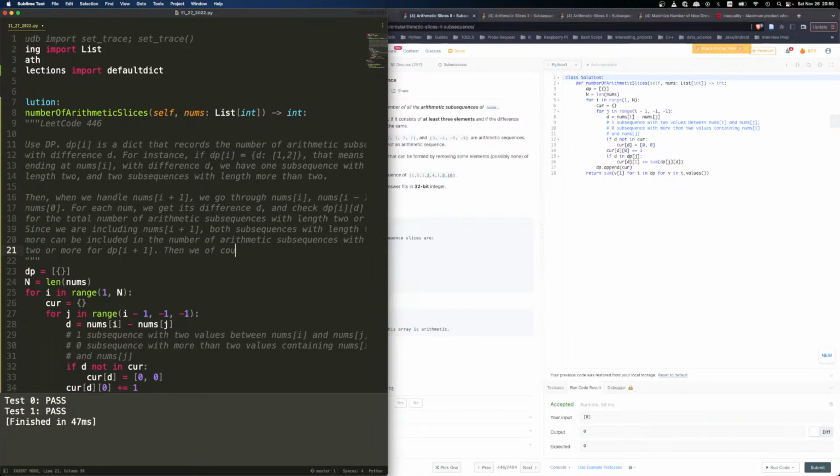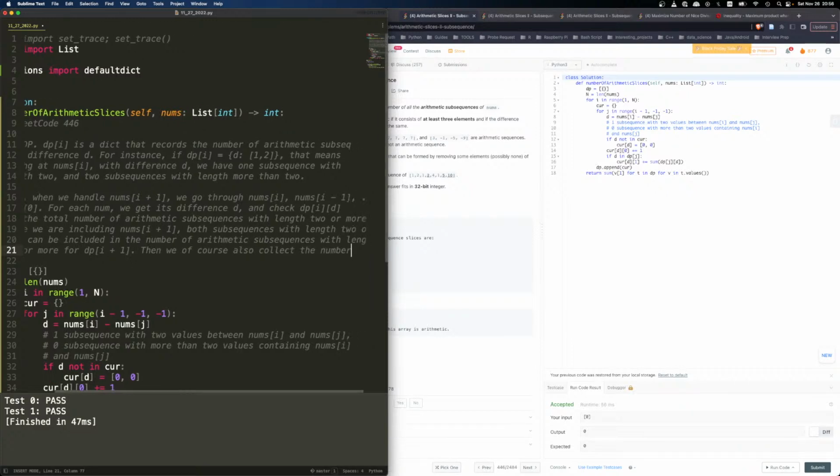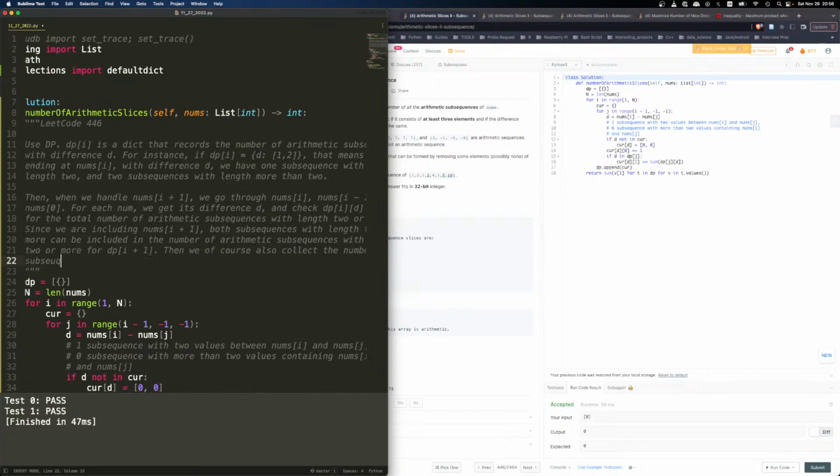Then we of course also collect the number of arithmetic subsequences with length 2 for dp[i+1].